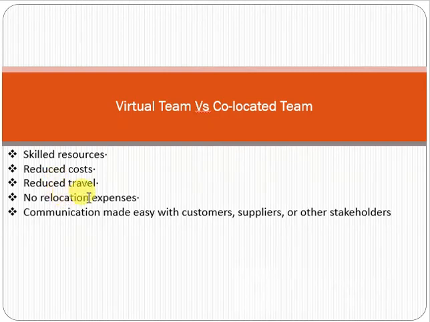In a co-located team, you have to bear the expenses of traveling, relocation, pick and drop, etc. So many expenses are there with co-located teams. Communication is made easier with customers, suppliers, and other stakeholders. Why? Because virtual teams use multiple software tools. However, the co-located team also has better communication.